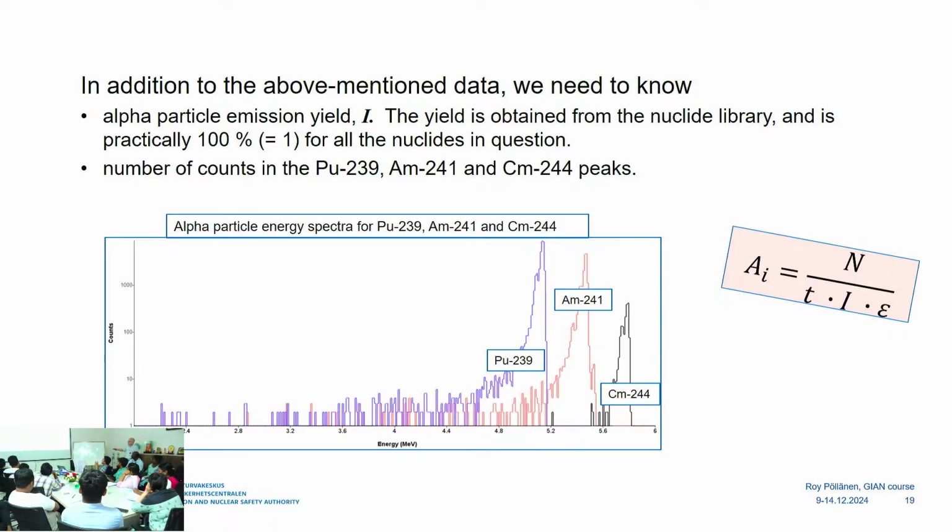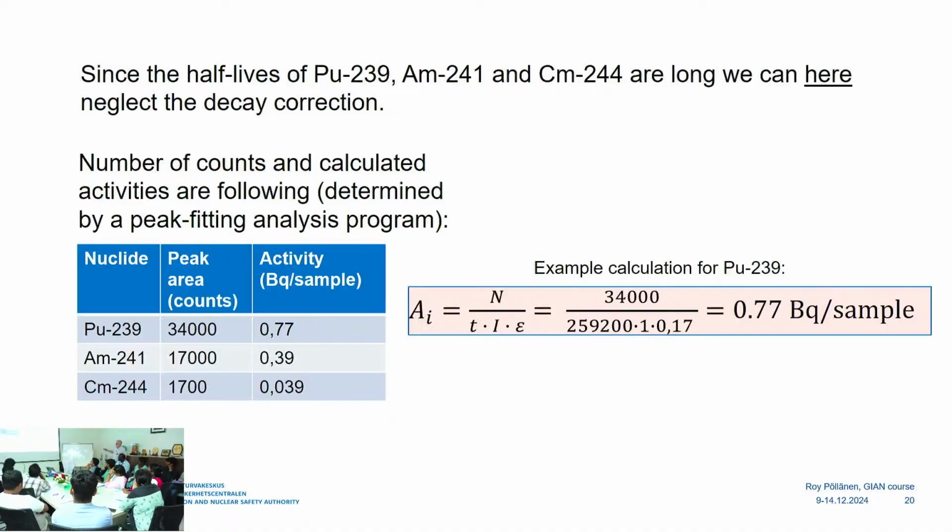And in fact, if you look at the data, not gammas. Decay corrections are not needed in this example because the half-lives are so long.